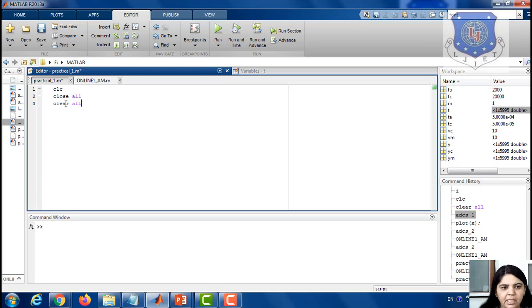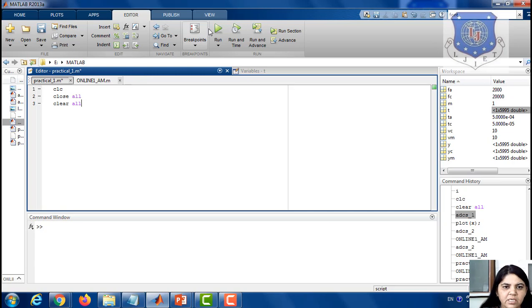After running clc, close all, clear all in MATLAB, if you scroll with the mouse to see the history, it will not be available.